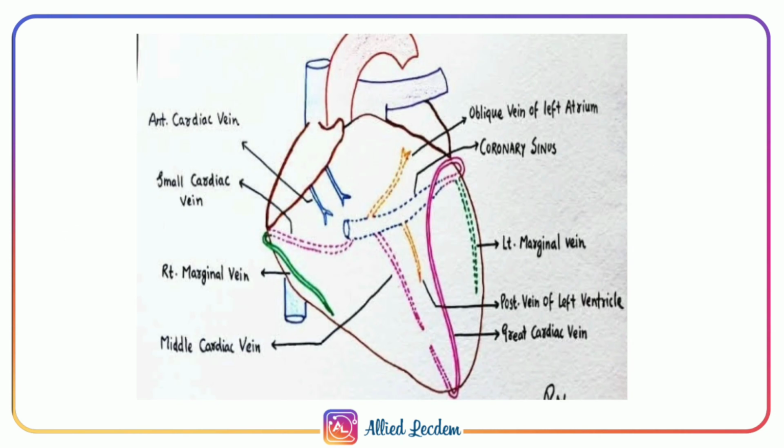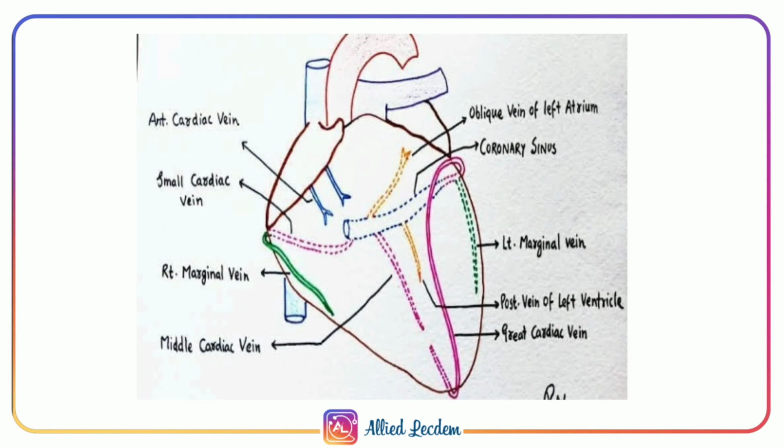Here we have the diagrammatic representation of the veins of the heart. Here we can see the coronary sinus, which is known as the largest vein of the heart, and the oblique vein of the LA, which runs on the posterior surface of the LV, and the left marginal vein that accompanies the marginal branches of the RCA. The posterior vein of the LV runs on the diaphragmatic surface of the LV and ends in the middle of the coronary sinus.